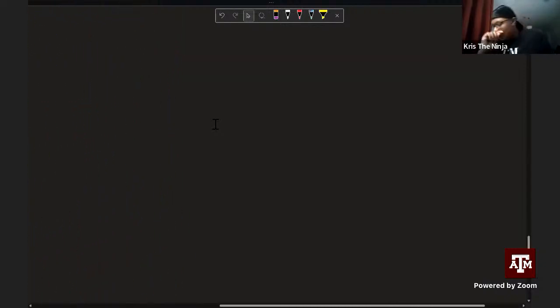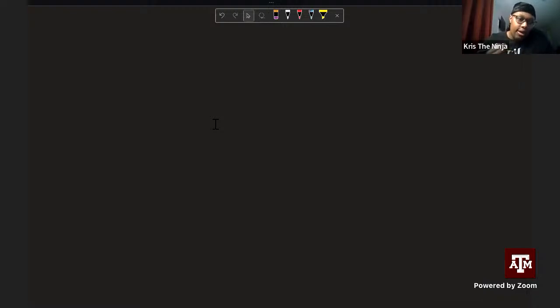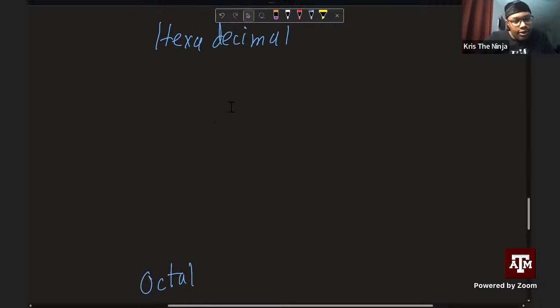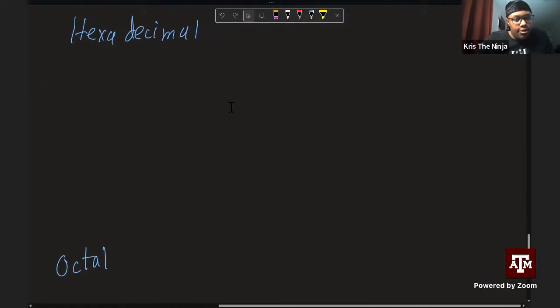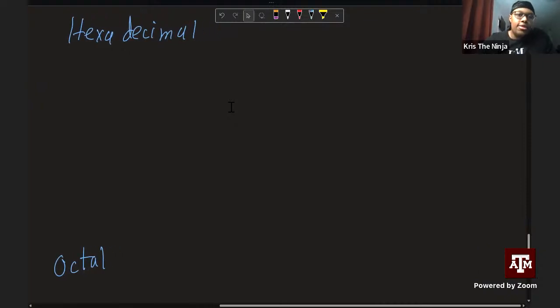There are other forms that use a similar kind of binary structure. You have hexadecimal and you have octal. Now, granted, octal is not used very often. Octal is a very rare one, but hexadecimal, you've seen it 1,000 times.